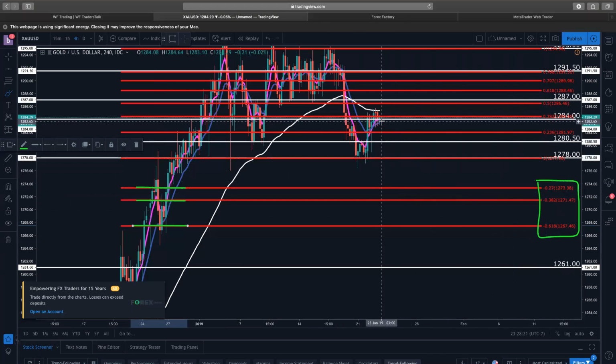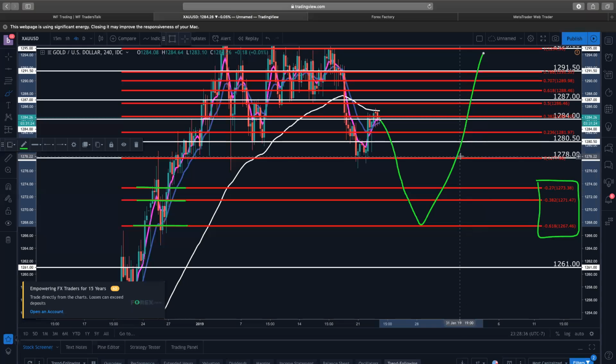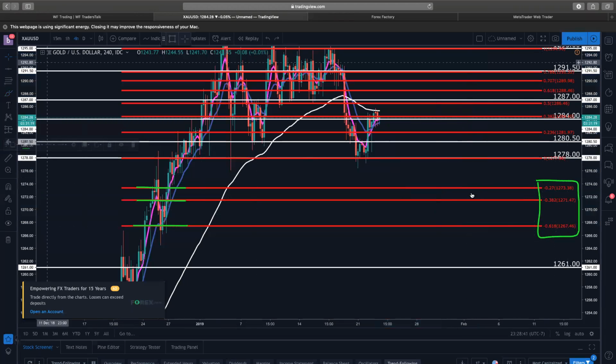For example, if price didn't stop here and continued to go, we could say it could go to the 2.7 and then retrace. Or it could hit any one of these levels and then continue to go. So that's why I like to use these negative numbers in the continuation of a trend. So that's what I got with that.